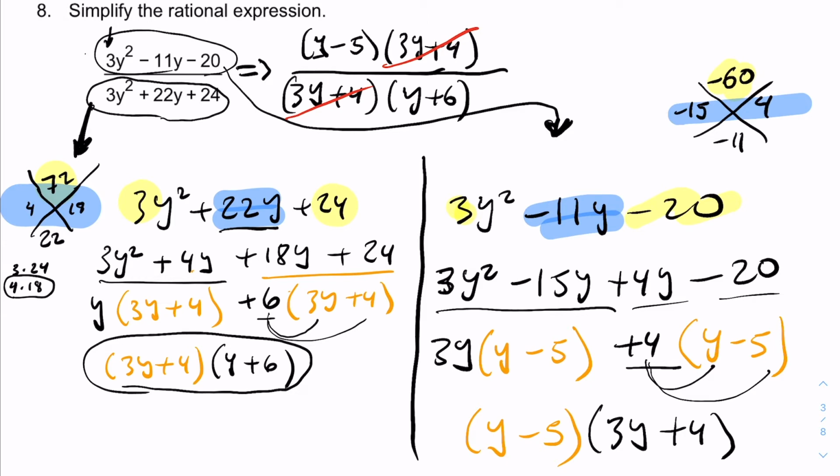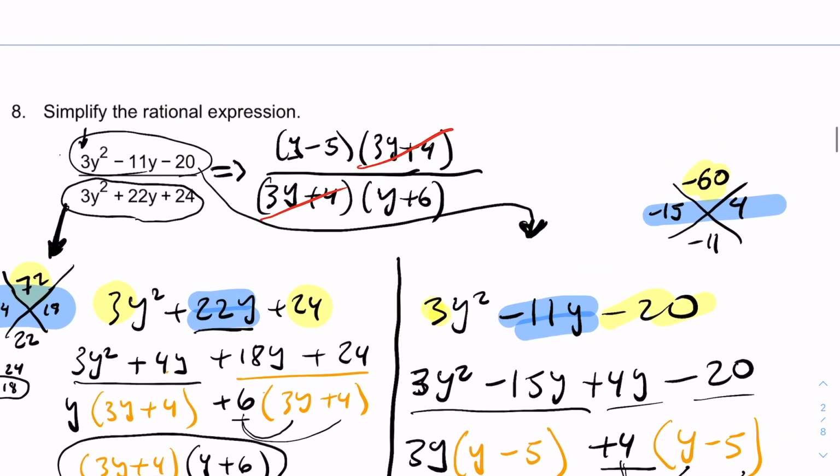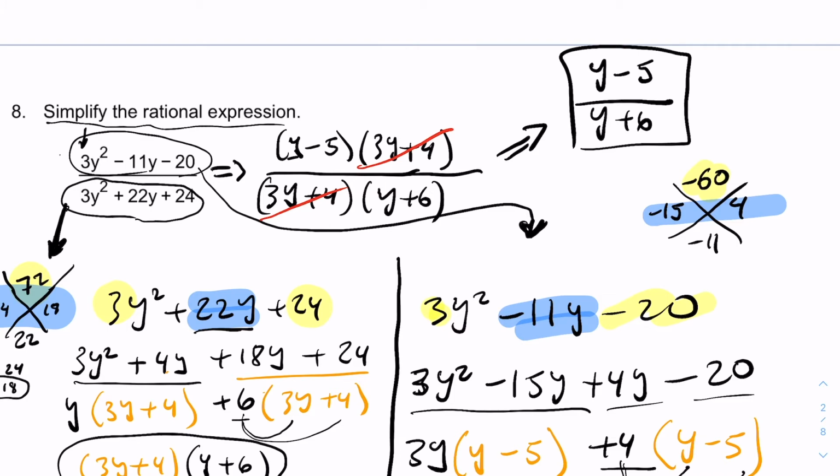We're left with the remaining factors, which will be the answer to our problem. That is, this would simplify the rational expression, which is just a fraction on steroids, basically, to y minus 5 over y plus 6. Those were the remaining factors.